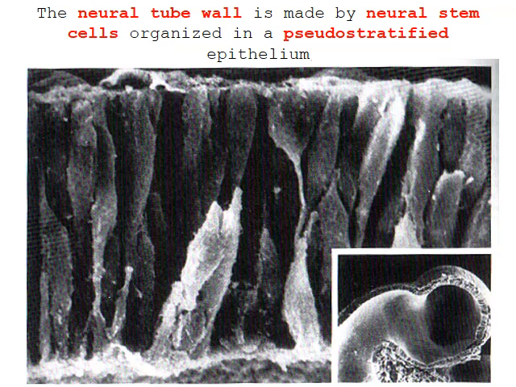The story of the development of the nervous system begins with a hollow tube, that is the neural tube, that is delimited by a pseudo-stratified epithelium made by actively dividing neural stem cells.